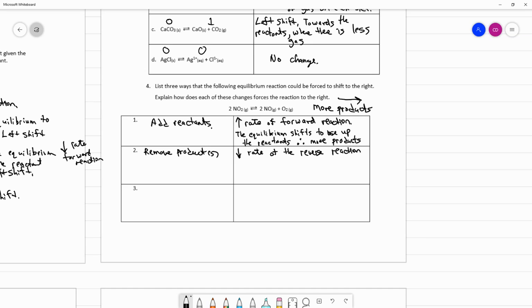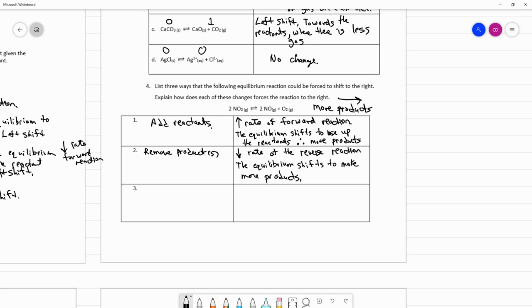And the forward reaction will have the same rate, and it'll be greater than the reverse reaction, and that will cause the equilibrium to shift right. So the equilibrium shifts to make more products. It's always just counteracting the disturbance.